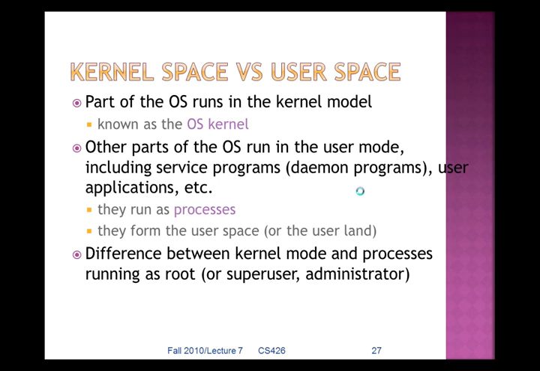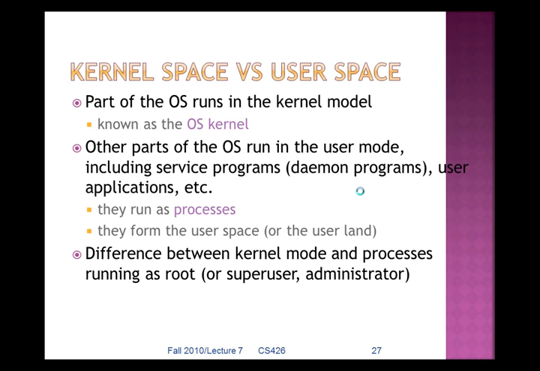Other parts of the OS run in user mode, including service programs, that is daemon programs, user applications, etc. They run as processes and form the user space, or user land.